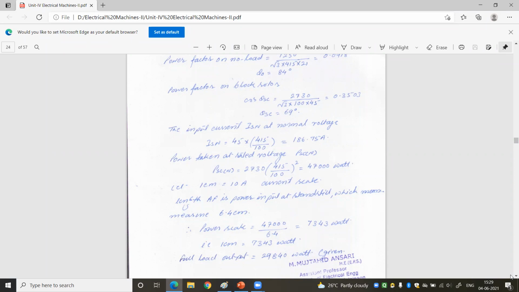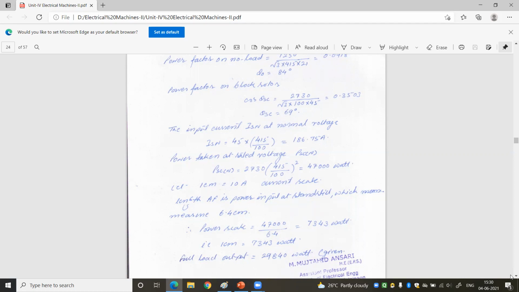Similarly, the power under rated condition is PSC, the power at reduced voltage, multiplied by 415, the rated voltage, divided by the short circuit voltage, whole square, since the copper loss is proportional to the square of current. So this is the power under short circuit condition. Now here 1 centimeter is taken as 10 ampere.